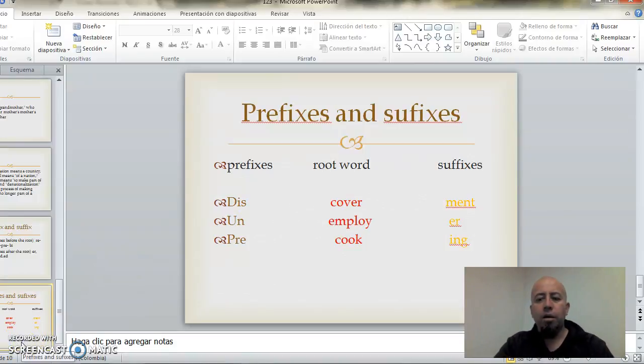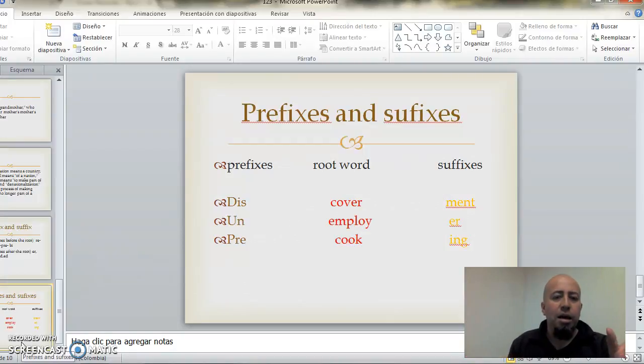Okay, in summary, we need to understand that morphology is the study of words, not in a sentence, but in a word. It's different from syntax.